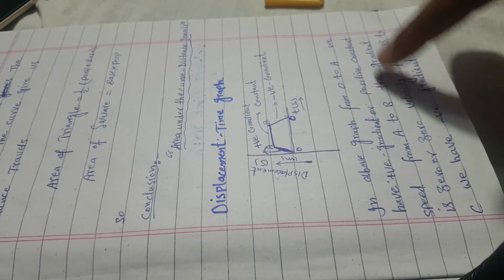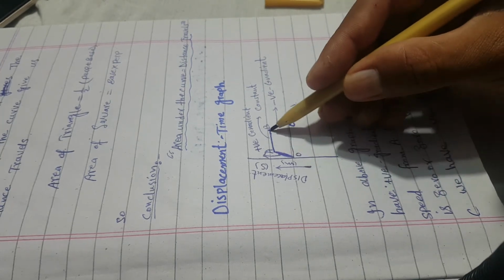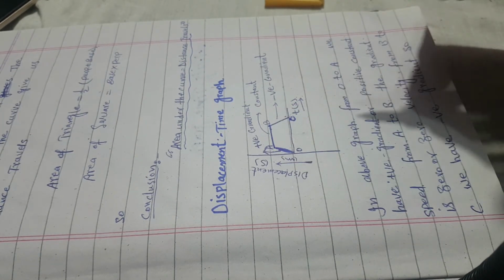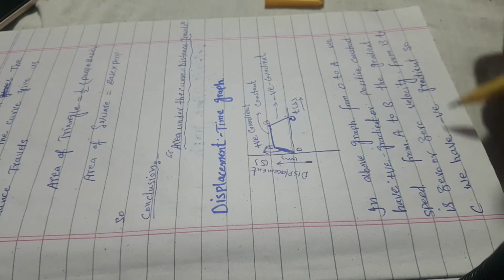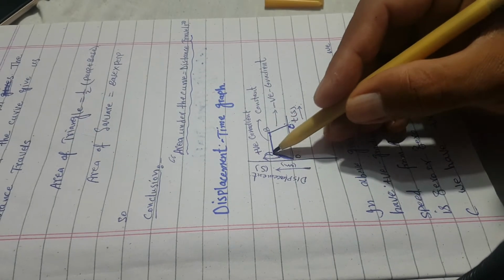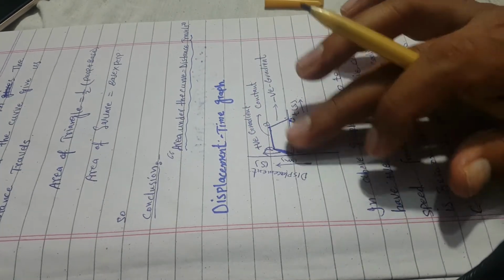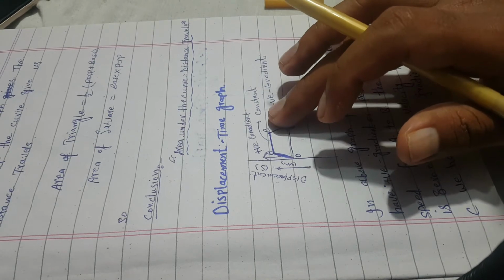From A to B the gradient is 0, so we can say there is zero velocity, because in the displacement time graph the gradient is equal to the velocity.